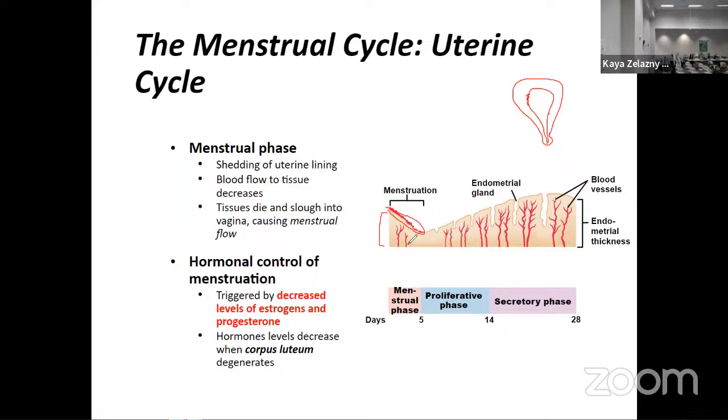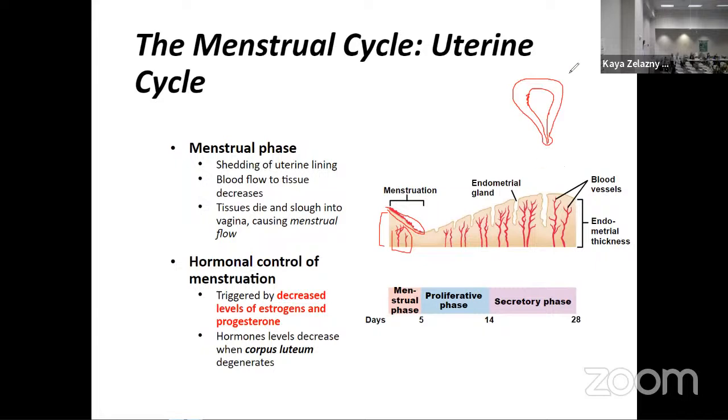Okay. So this is partially happening because overall blood flow to the tissue is decreasing. So you can see we don't have as many little blood vessels here as we're going to have later on during the secretory phase. So those tissues are dying off because of a decrease in hormones and this decrease in blood flow, causing menstrual flow, which is this tissue shedding into the vagina and out of the body.